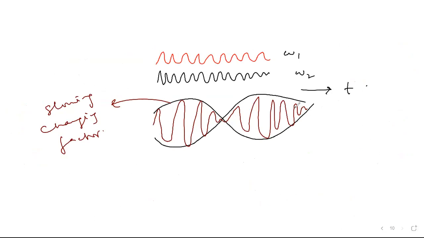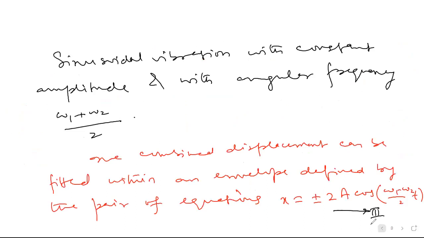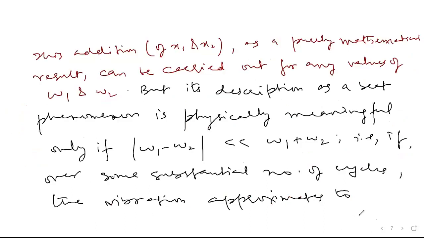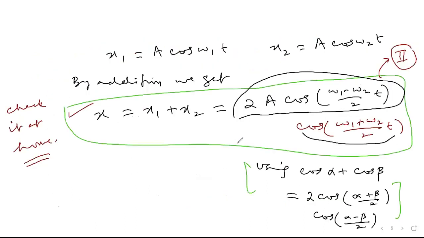So see what happens when these two oscillations combine. We get the resultant vibration whose frequency is changing rapidly, omega 1 plus omega 2 by 2, but whose amplitude is changing slowly.